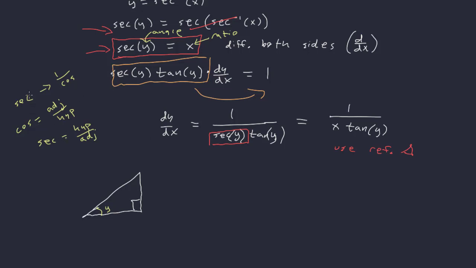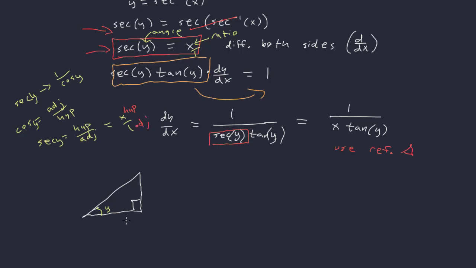Let me put some y's in here just so I'm writing some correct math. So the ratio is x, and remember we're going to throw in a over 1 there. X over 1 makes x the hypotenuse and 1 the side adjacent.